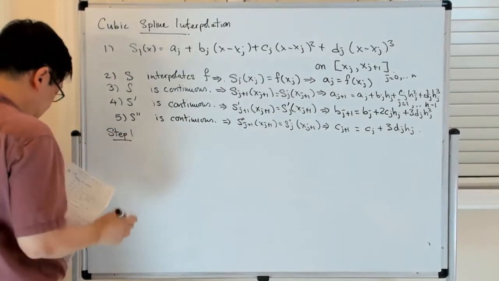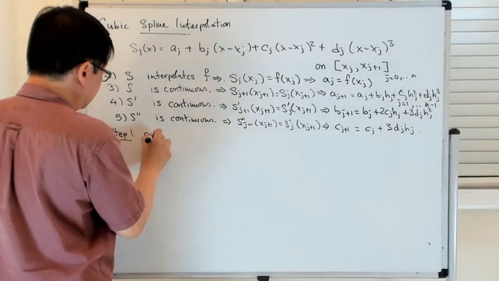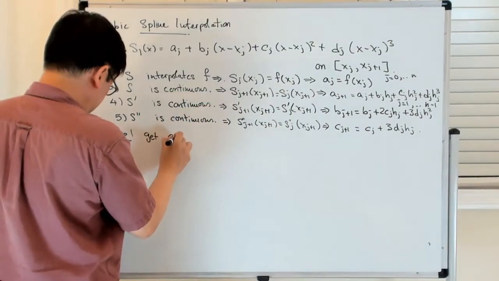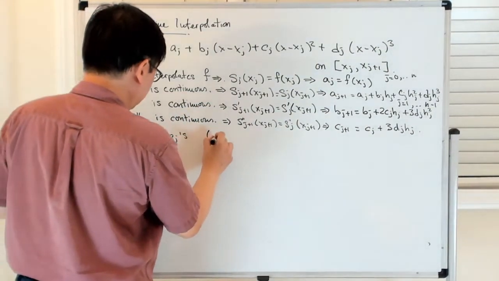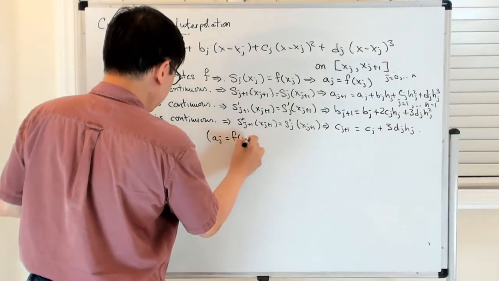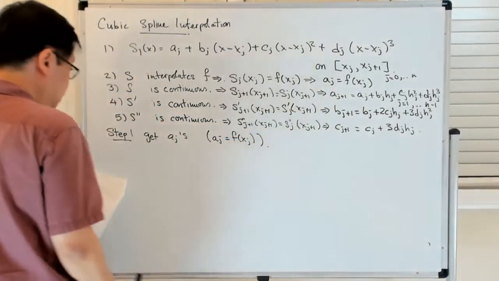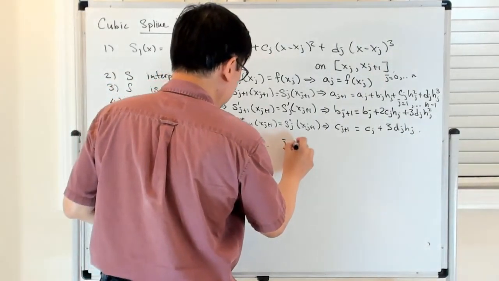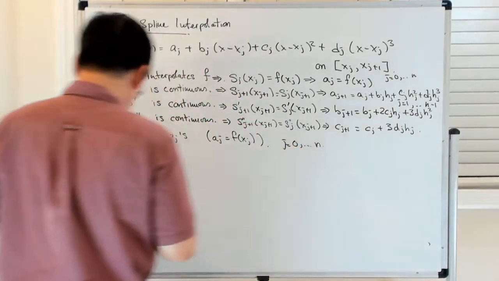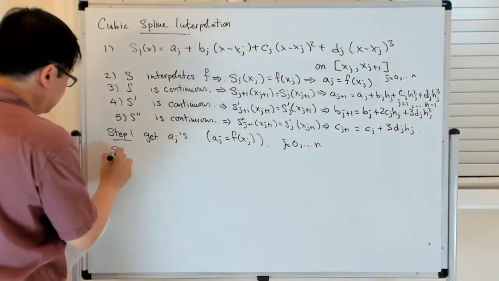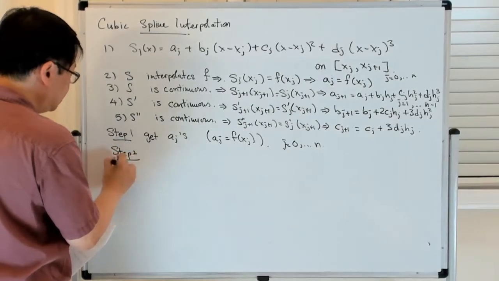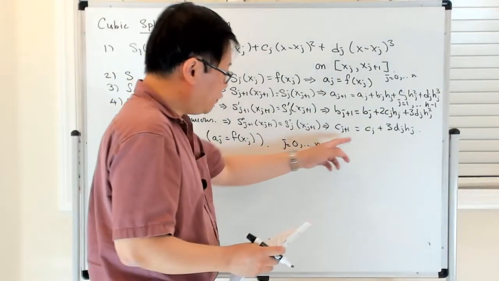So step 1 is that you get the a_j's from the condition that a_j is equal to f(x_j). This is for j equals 0 to n. And then step 2 is to set up a system of equations involving the c's.